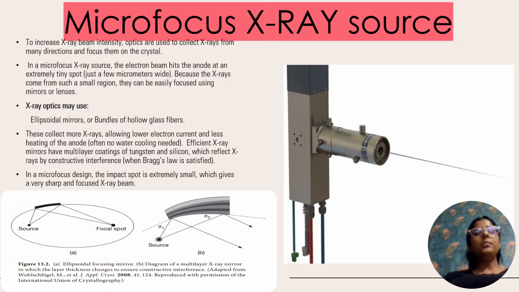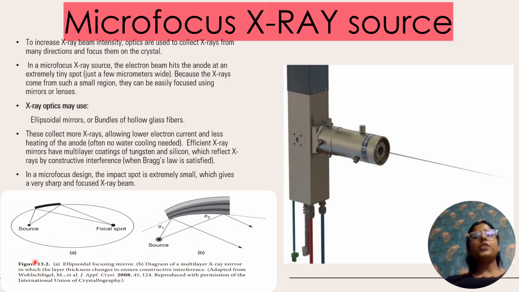Now, to overcome this loss of X-ray, optics are introduced to collect X-rays emitted in many directions and focus them onto a crystal. Why? Because optics work like a lens system. They gather the scattered radiation and convert it into a single intense beam.